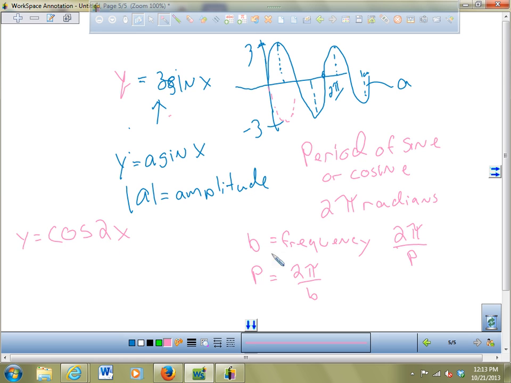And so in that case, b is what goes into the equation. So in general, you have y equals a sine or cosine of b times x, and this all is in parentheses like that. And b is like the shrink factor.